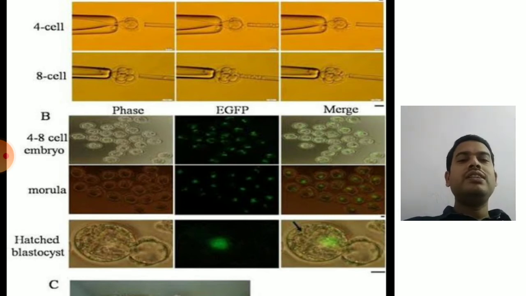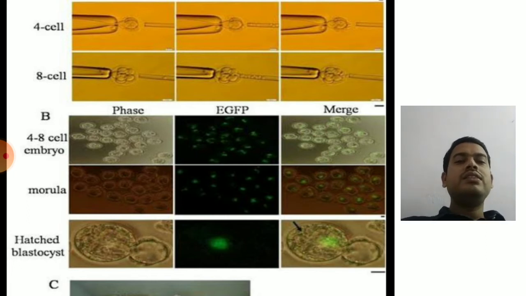So you can clearly see the GFP that is expressing. So after developing the blastocyst to 4 to 8 cell stage or morula stage, you can clearly see the green spots, that is expression of your transgene along with GFP protein. So that can be collected.